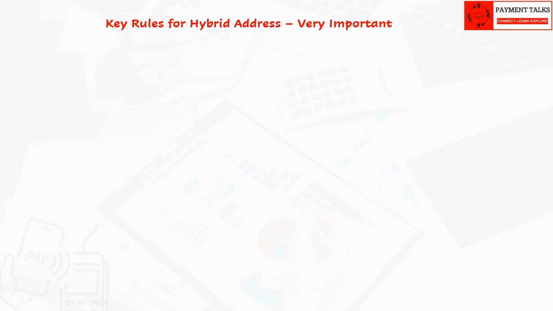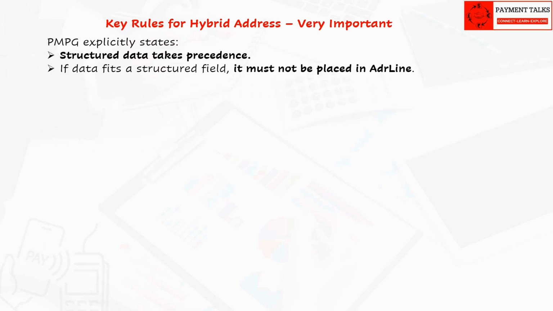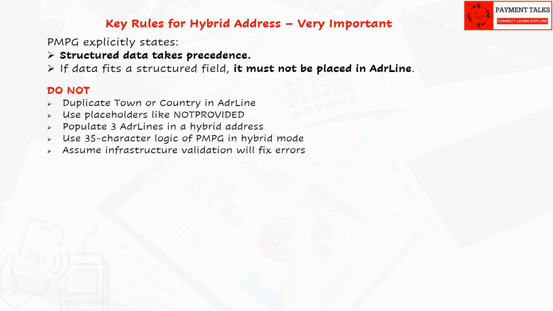Some very important rules for hybrid addresses are shown here. PMPG explicitly states that structured data takes precedence over everything. That means if data fits a structured field, it must not be placed in address line. Do not duplicate town or country in address line. Do not use placeholders like not provided inside the mandatory town name and country and also in general.